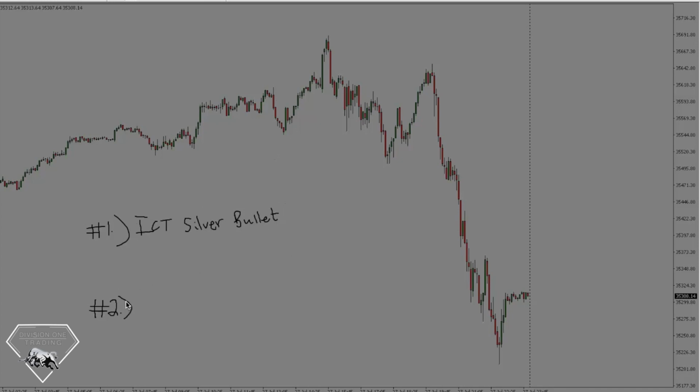Now the second one, besides just looking for silver bullet, if you just type in DR/IDR, that is taught by I think it's the master, MAS7ER.